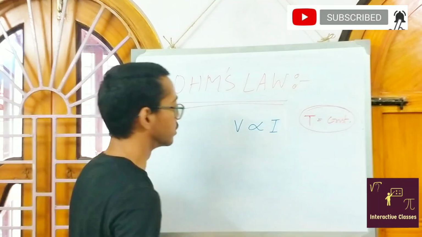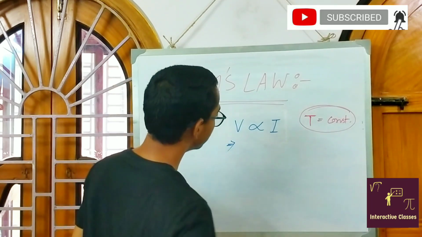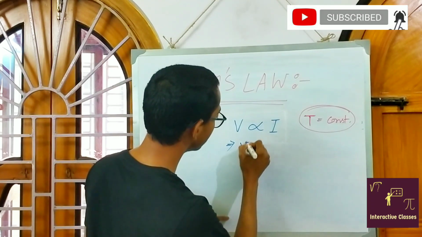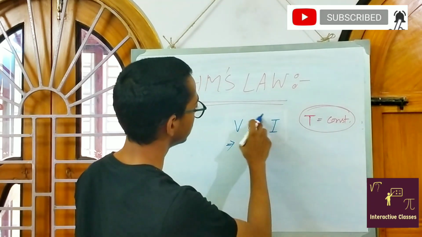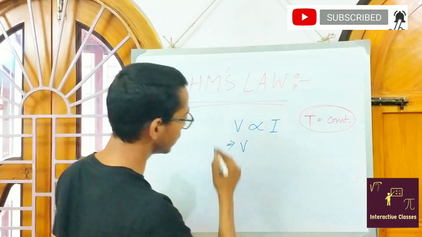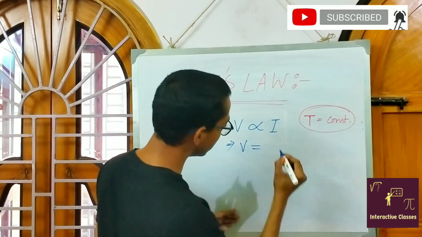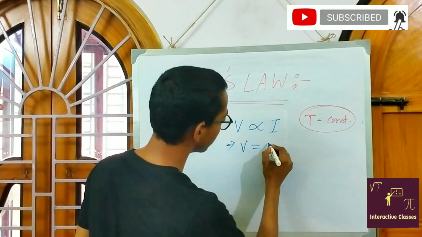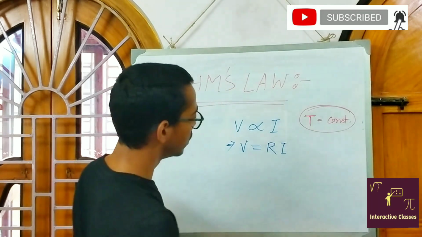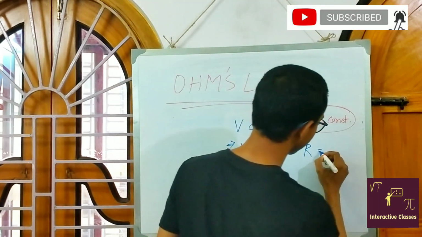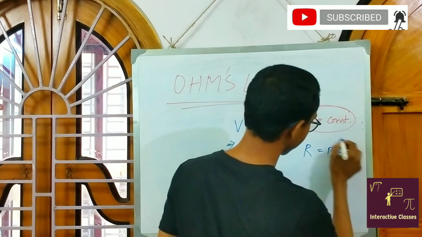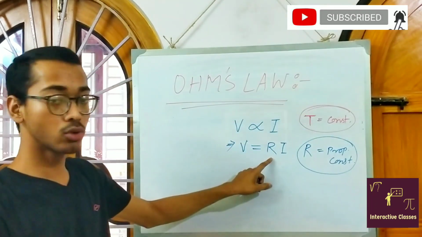V proportional to current, that is, potential difference proportional to the current. Now if we remove this proportionality sign and replace it with an equal to, then there comes a proportionality constant R. R is the proportionality constant.